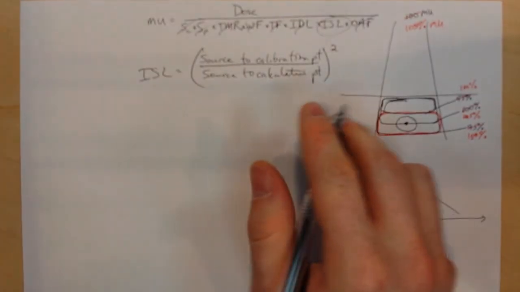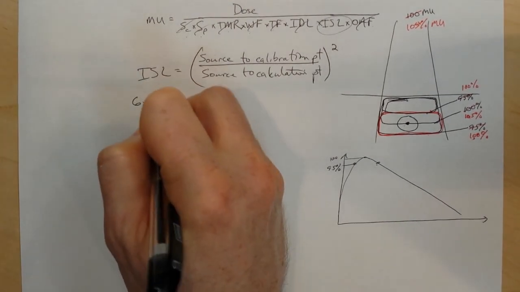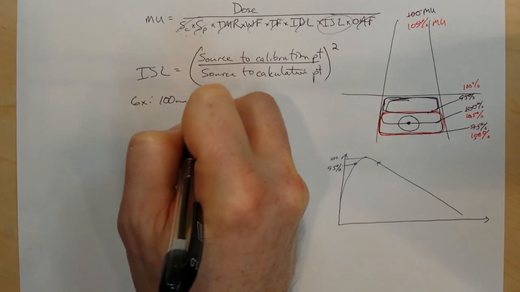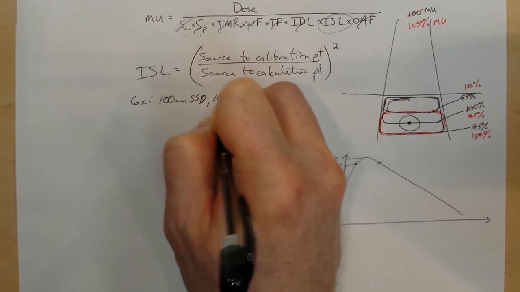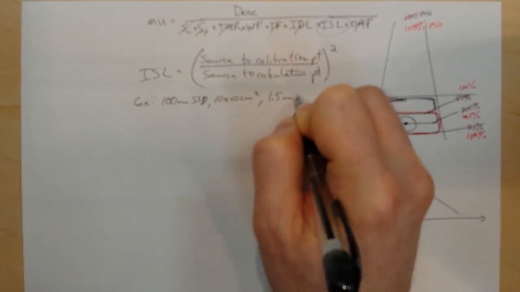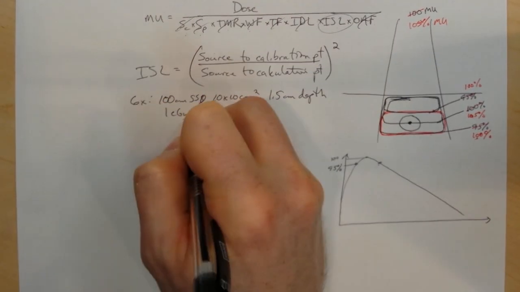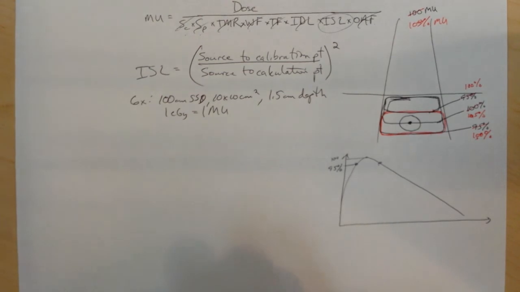So if your machine is calibrated, let's take a simple example of 6X. If it's calibrated at 100 centimeter SSD for a 10 by 10 field size, 1.5 cm depth, to deliver 1 centigray per MU.